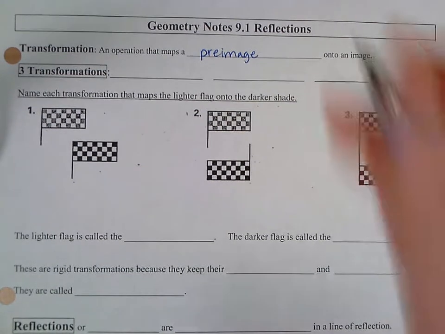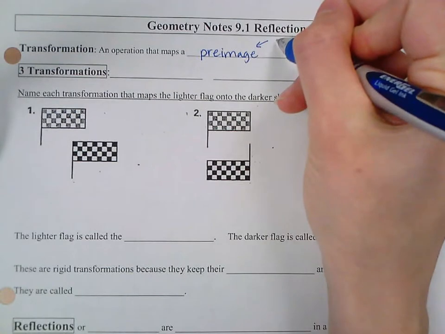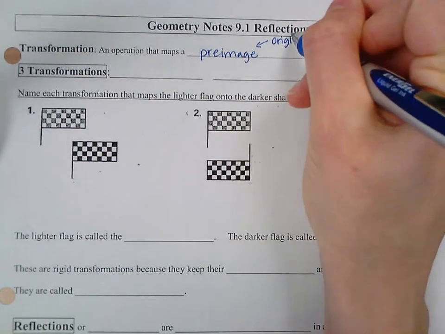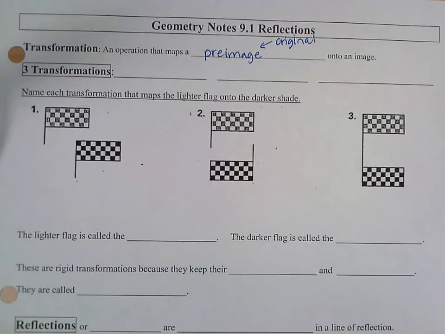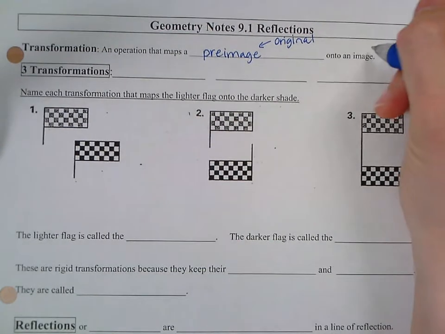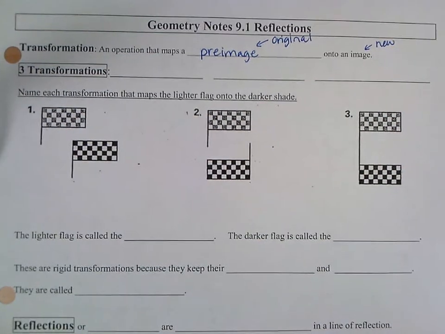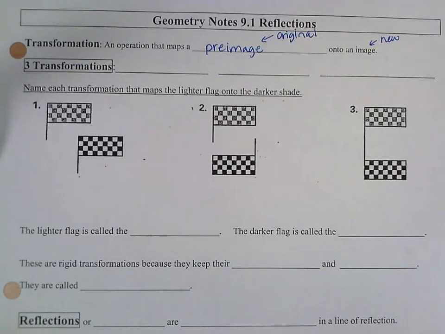A pre-image, this would be the original image, and then the image that it's describing, this is the new. So the pre-image is what you're starting with, and then after the transformation, the image is the new. It's been transformed.